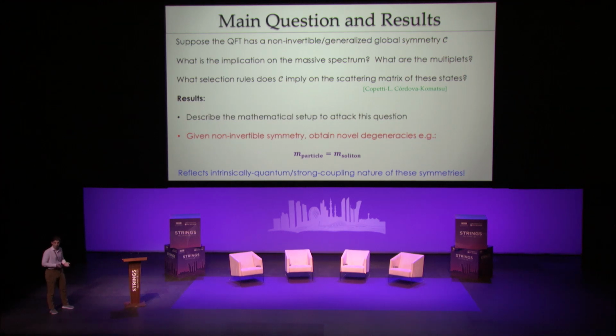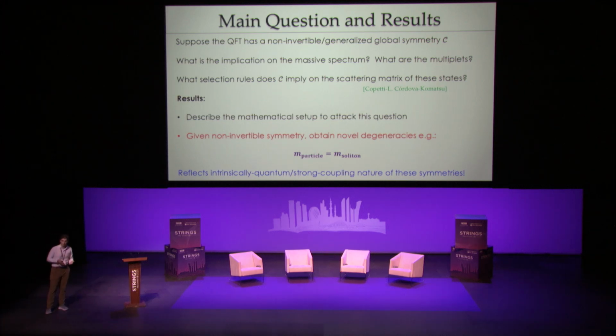What are our results? The first thing I'll do is describe to you the math that you need to understand this question, the new kind of algebra you need to use. The punchline, the results that we'll see, is that given some non-invertible symmetry, we'll obtain novel degeneracies.